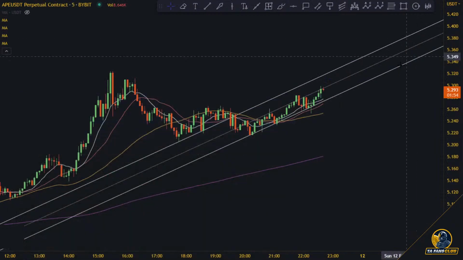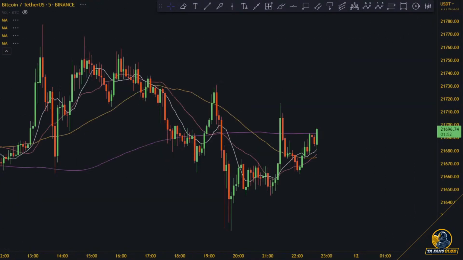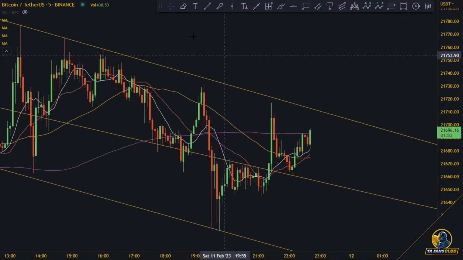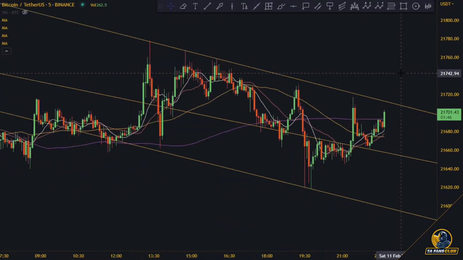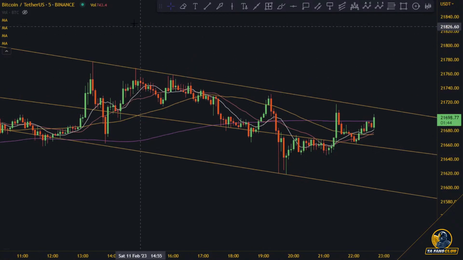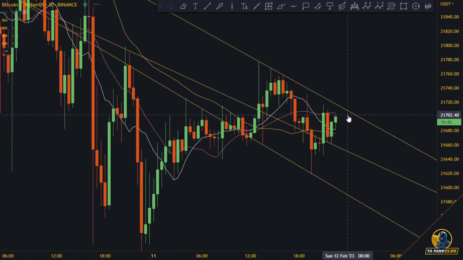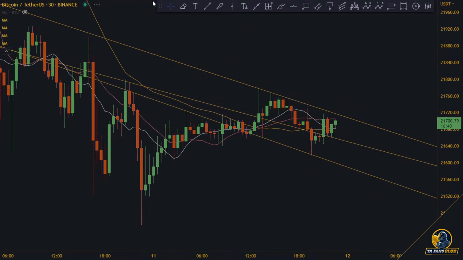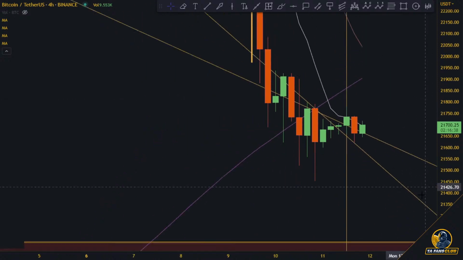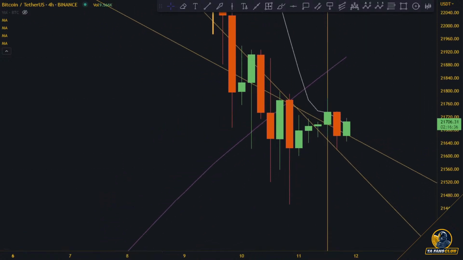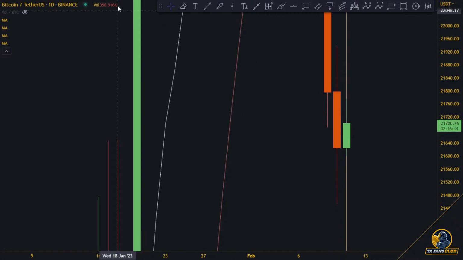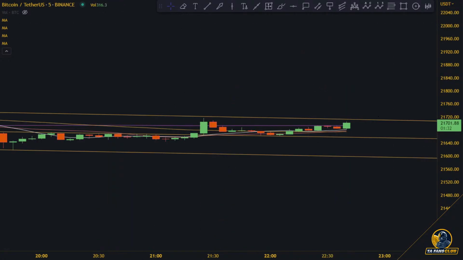So CPI numbers are gonna be interesting to see how they come out. Bitcoin just pumping. What's up with that, man? If you had longed anything, it would have worked out. But no, we had to short.